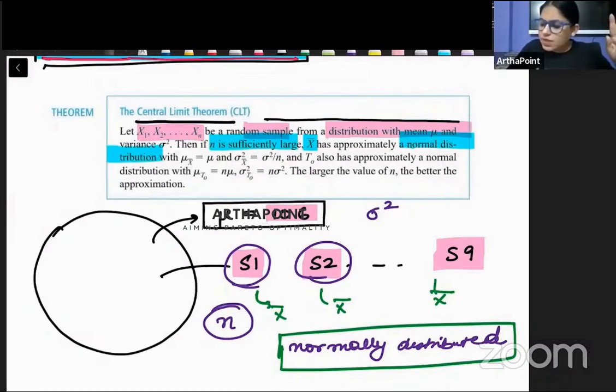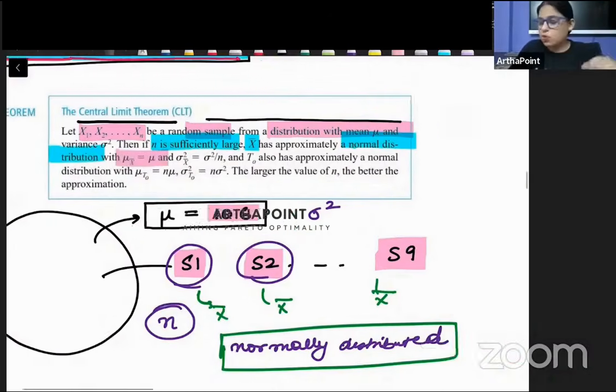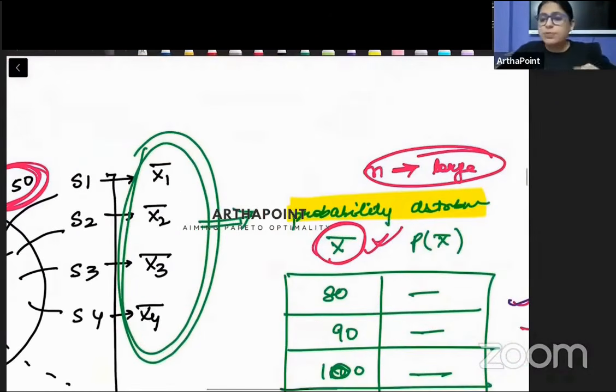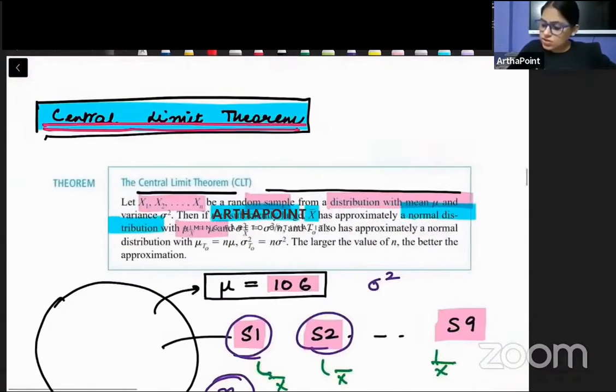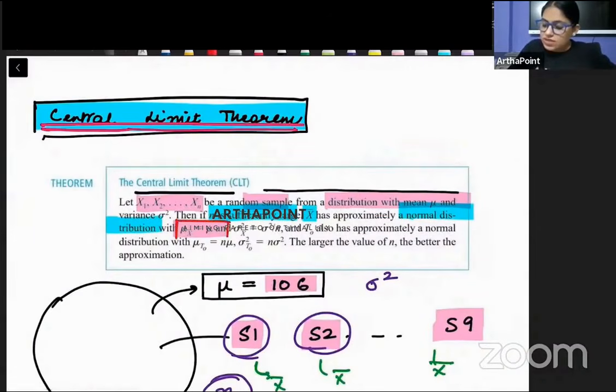Actually ये वाली बात तो हमने कल ही prove कर दी थी, even with small samples. I had already proved this in the last lecture, that if I try to find out the mean of these x bars, then I will get the mean of the population, right? So this is what this is saying. If you find the mean of these x bars, you will get the mean of the population.